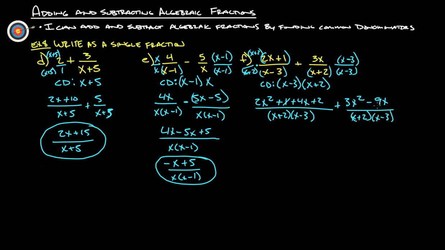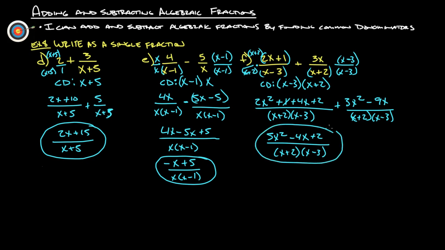All right, and then now we can just collect like terms in the numerator, and then away we go. 2x squared and 3x squared is 5x squared. X and 4x is 5x, but then we subtract 9x, and that gives us negative 4x. And then we just have the plus 2 all over our x plus 2 and x minus 3. And we can just leave it like that.